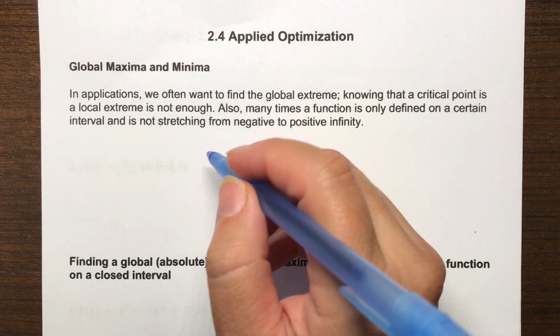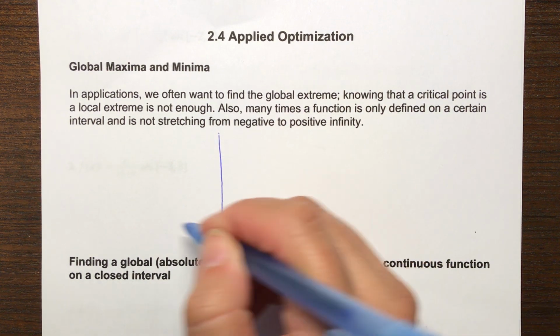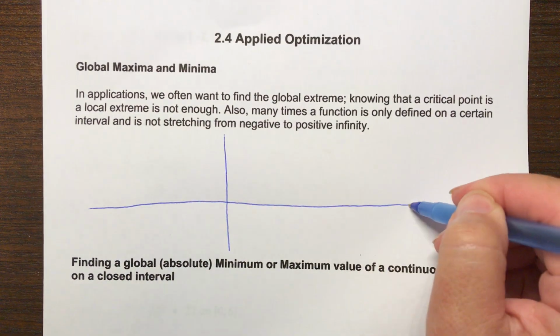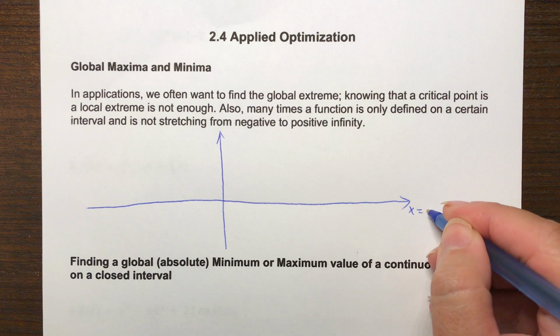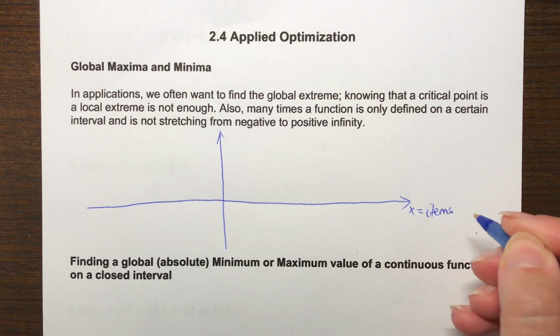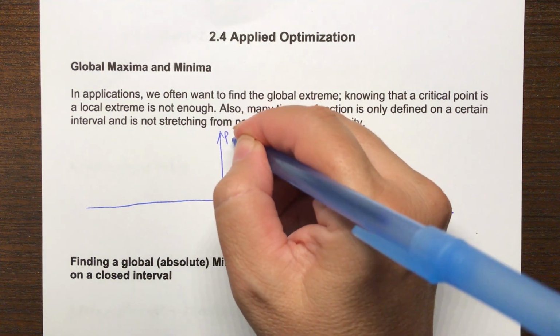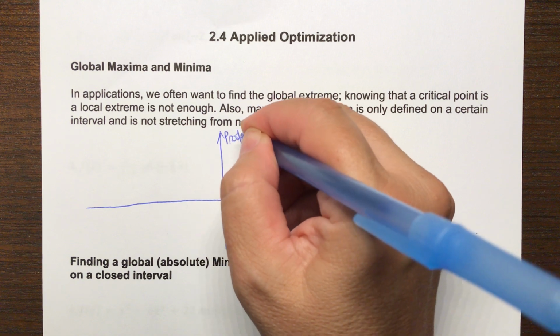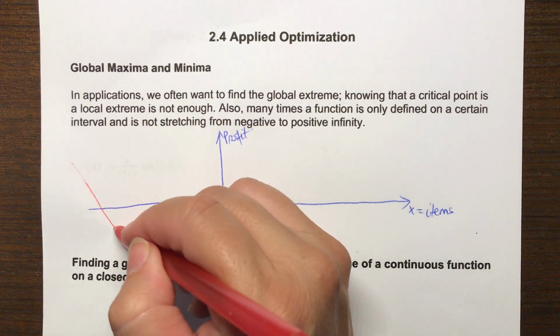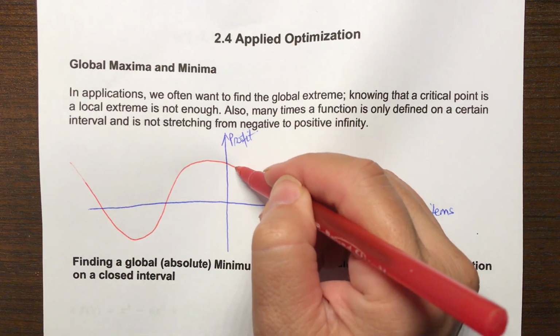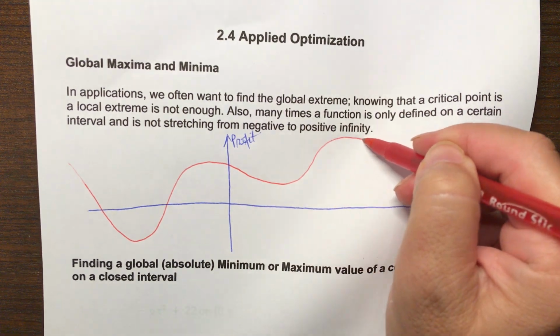So let's say I have a function. Let me graph something for you. Let's say I have a function that might be producing, let's say x is number of items, and let's say this is profit. Okay, so great. And you've graphed this function, and it goes up and down and up and down and up and down.